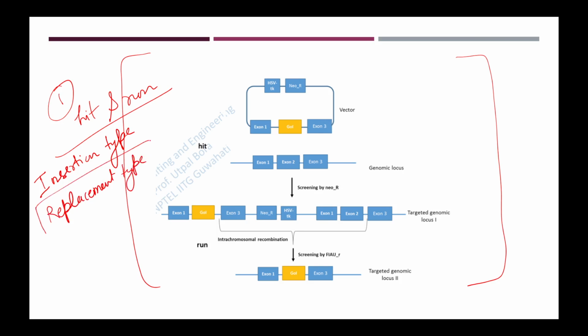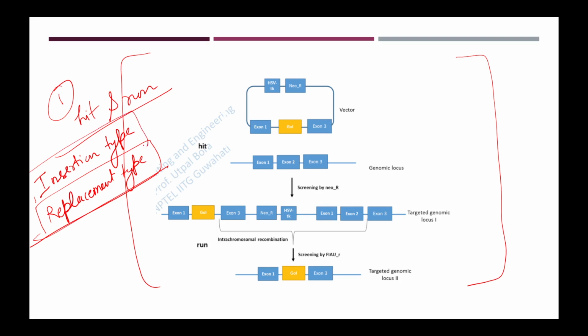The replacement type of vector we just studied is replacing the gene of interest. There the double crossover is happening, replacing the particular gene of interest and inserting some other sequence, some point mutation or something else. So that's a replacement kind of vector.